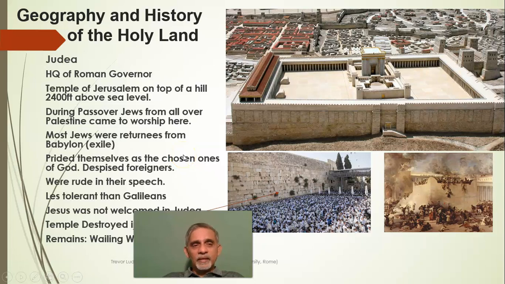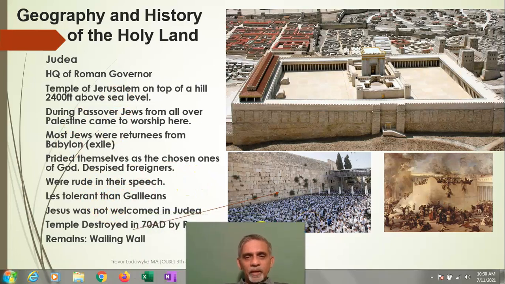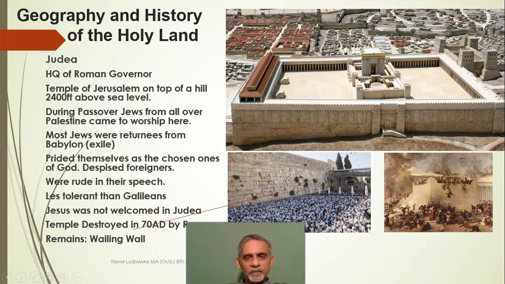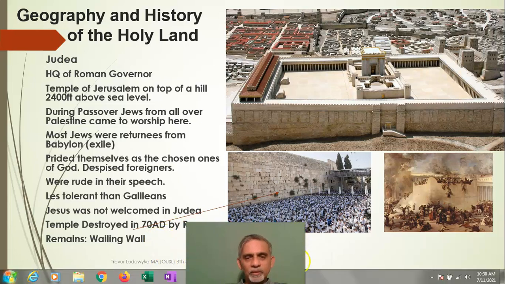They prided themselves as the chosen people of God, and despised other foreigners, which was also a fact. Right. And they were rude in their speech. The Judeans were very rude in their speech, less tolerant than the Galileans. The Galileans were more friendly. And Jesus was not welcomed in Judea, as you know. He was rejected in Judea.